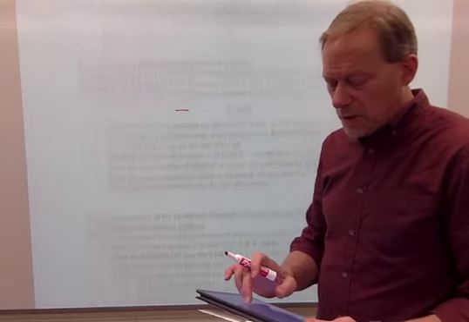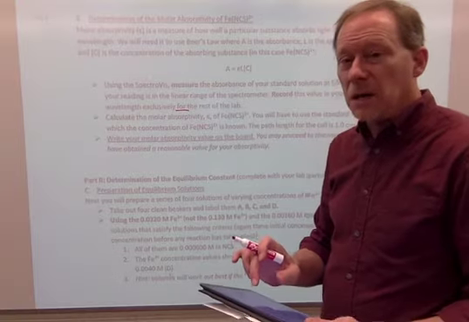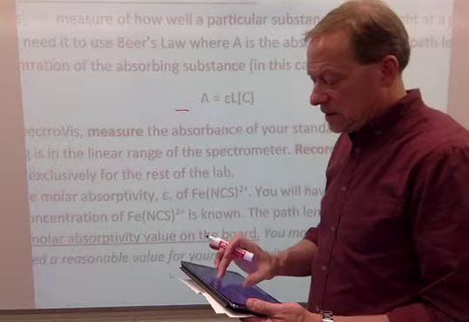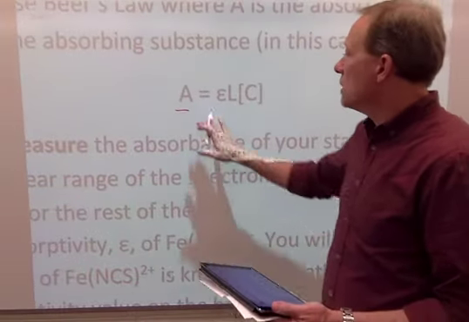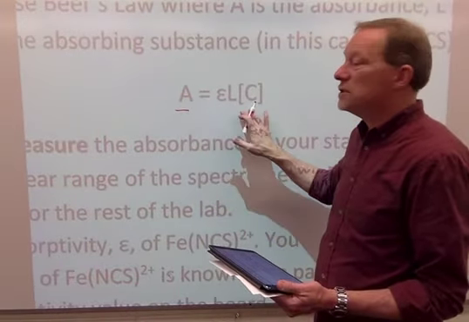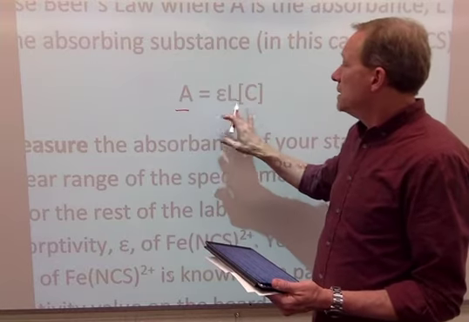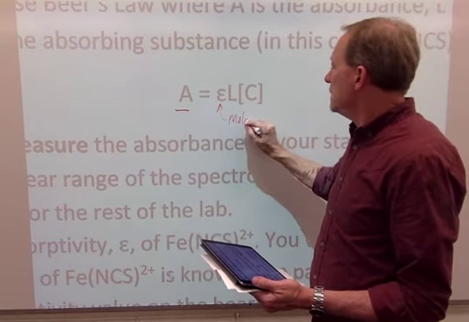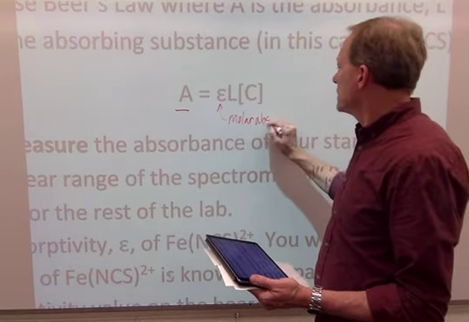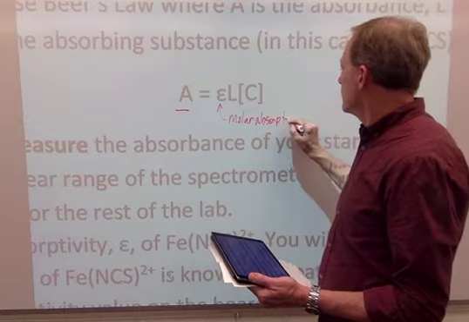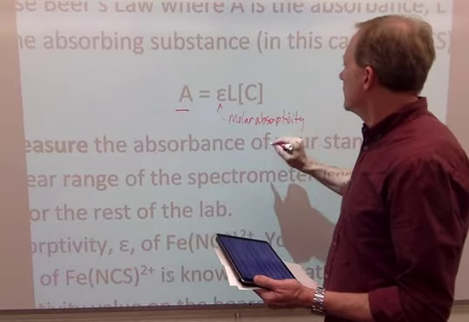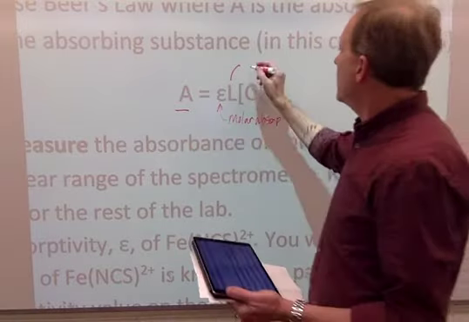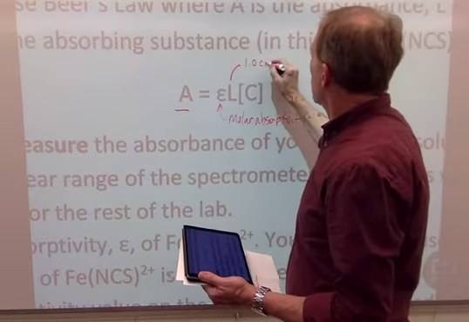I'm going to go to part B, which talks about Beer's law, and I'm going to zoom in on this equation here. This tells us how absorbance is related to concentration, and this quantity epsilon here is the molar absorptivity, and L is the path length through this cuvette, and that is normally 1 centimeter.